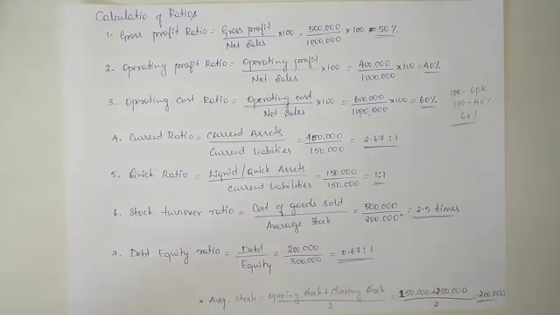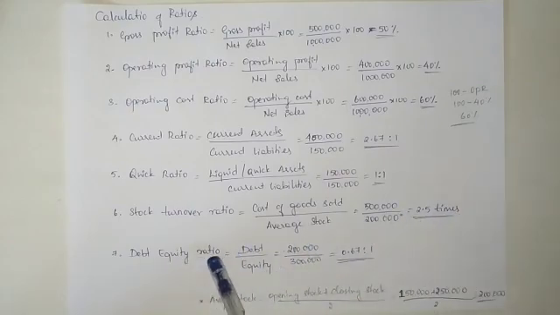That average stock is used to calculate the stock turnover ratio. If average stock is not given, in that case the available closing stock or opening stock itself is going to be considered here. So 2.5 times.